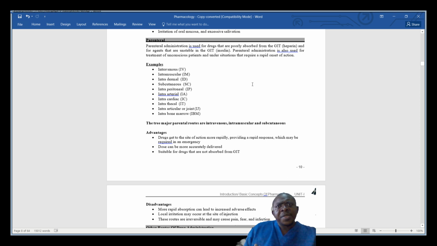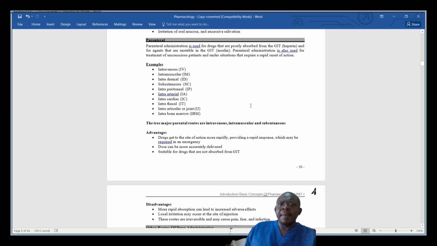Now, with that discussed as a background to parenteral drug administration, let us appreciate some of the examples. The first example is intravenous, in the vein. These are drugs that will be administered directly into the vein.